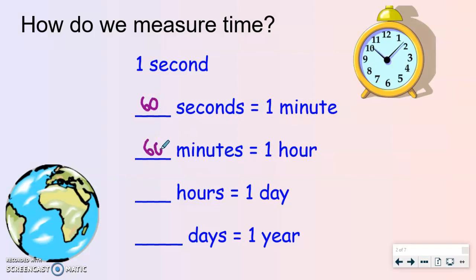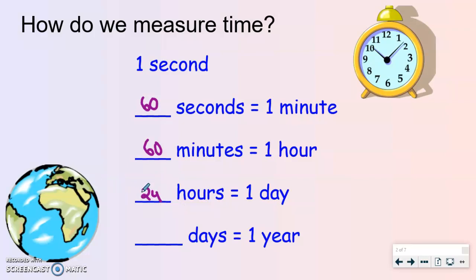60 again. And then when we talked about, in science, remember we talked about days and years. And so how many hours are in a day? 24, right? And remember, that has to do with the rotation of the Earth on its axis.